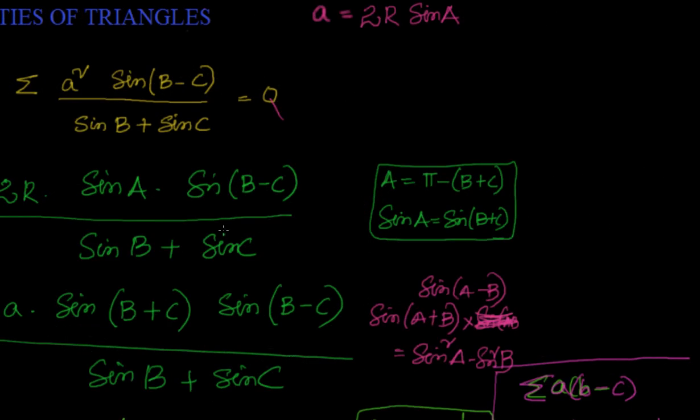Now you can substitute sine of b equal to b by 2r and cos of c equal to a square plus b square minus c square by 2ab, and you simplify that, you will again go back to the same thing, that is sigma of a into b minus c, that's nothing but equal to 0.